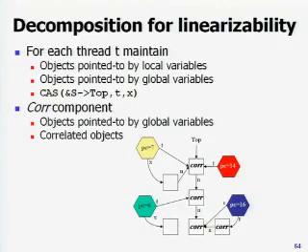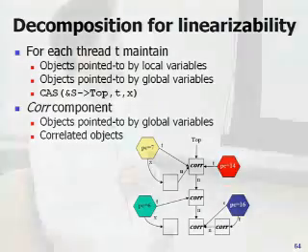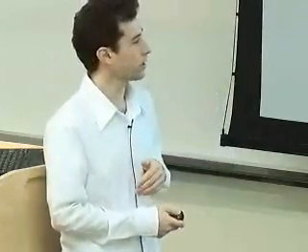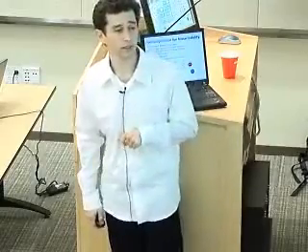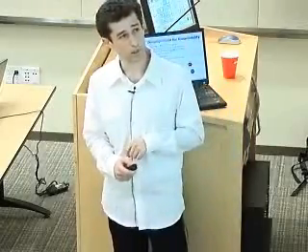So here's an example of a concurrent state. You can see there are 4 threads executing, and some of the objects are actually correlated, and some of the objects, these 2 objects, are the result of local mutations that the threads are doing, and they mean that there's a difference between the concurrent and sequential execution. And the kind of decomposition that I want to define here is the one that maintains for every thread the objects that are pointed to by the local variables and the objects that are pointed to by the global variables.